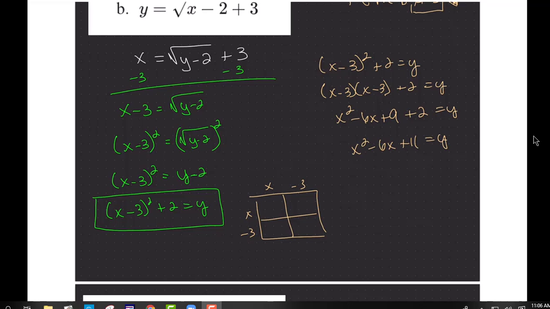But you can't factor it. So that would be the simplest form of it. And we get the same answer if we did the area model, right?